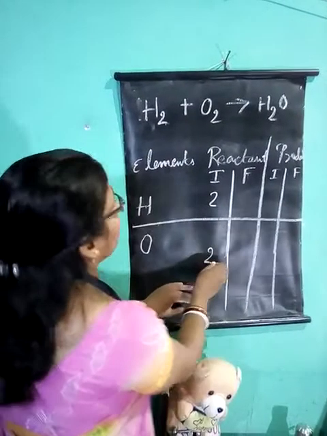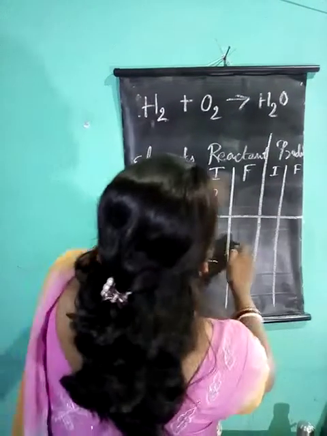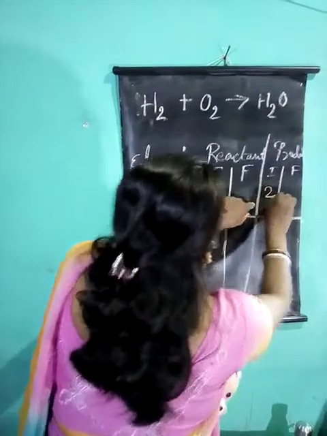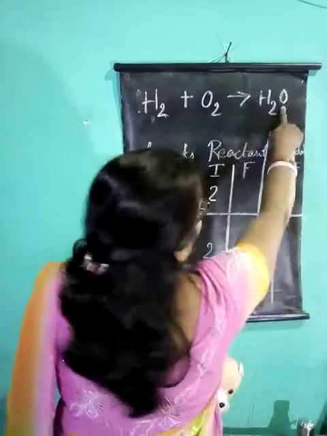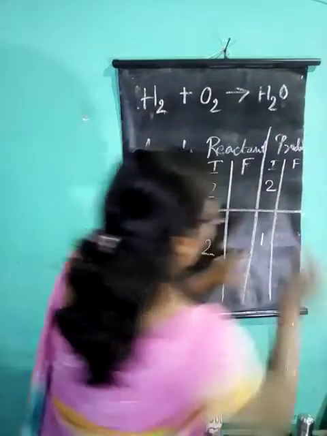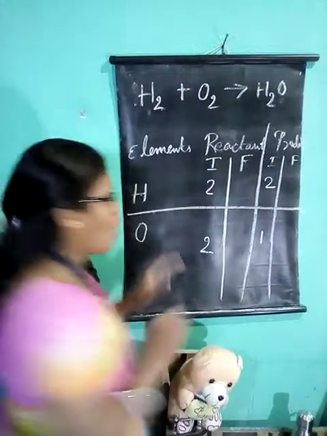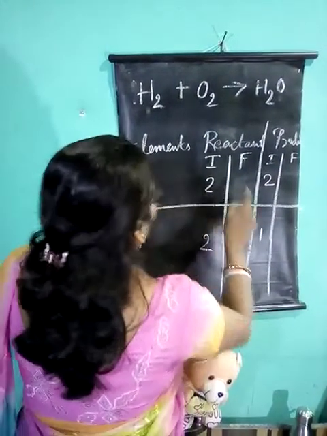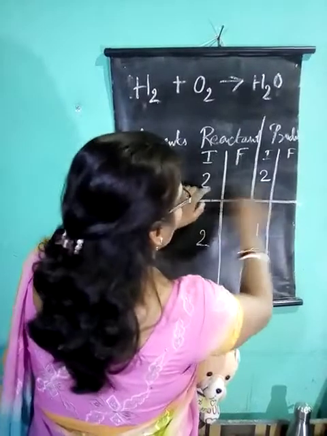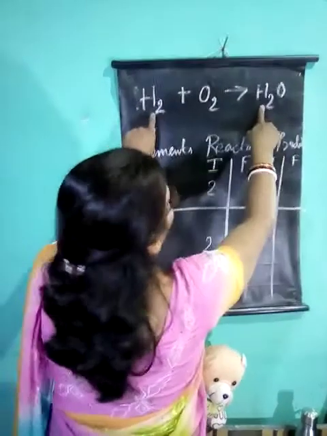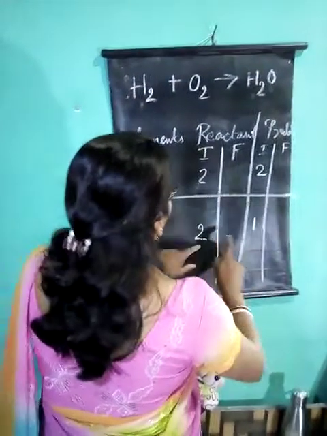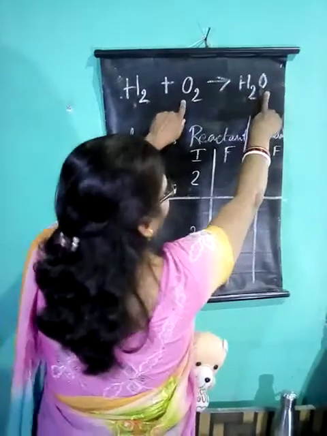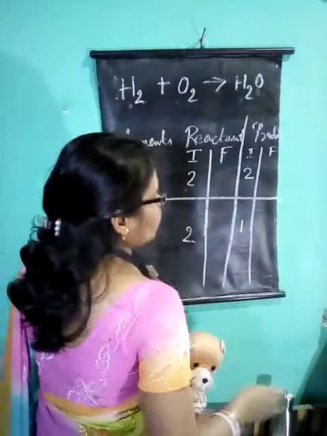Hydrogen in the product, how many atoms? 2 atoms. Oxygen in the product, how many atoms? 1 atom. Now how to finalize it? Hydrogen is balanced, both initial and final are the same, 2 and 2. Now oxygen here is 2, here is 1. Now we need to make it 2.